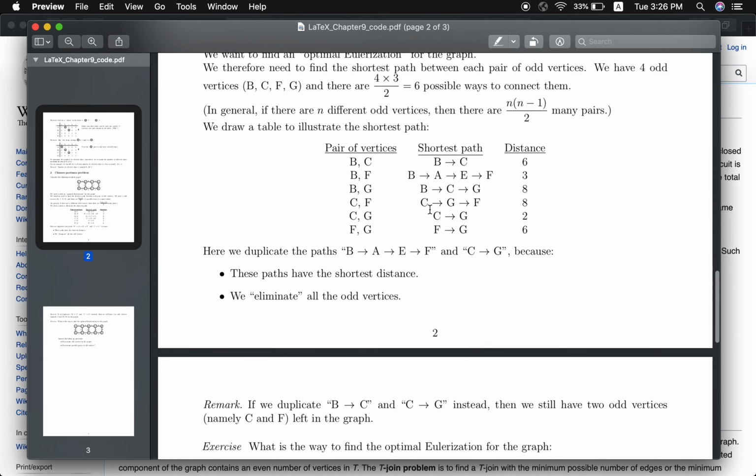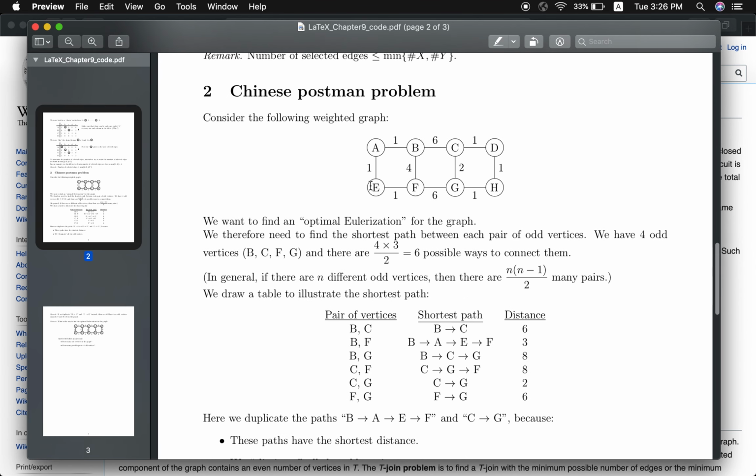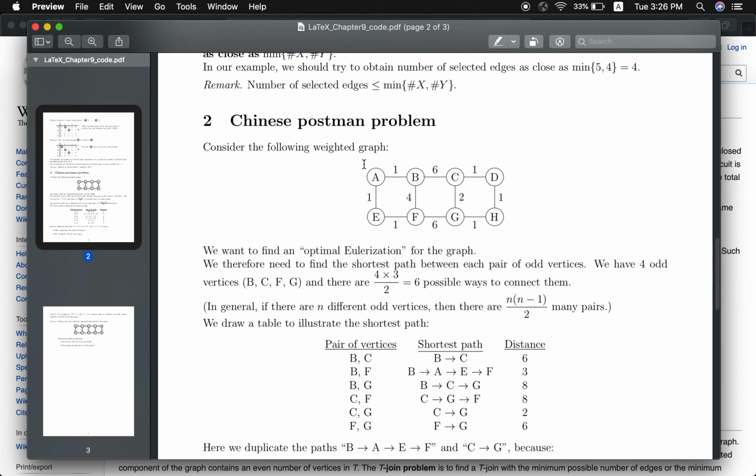Now, why do I keep choosing those problems with that rectangular shape for the graph? Because this is one typical type of graph which people study in the Chinese postman problem. Now imagine that those graphs are in fact the map of housing estates.